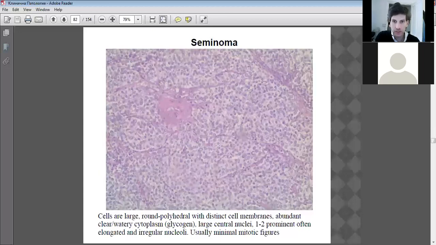Here's a clearer picture of the dividing cells. Round nuclei. Cells tend to be roundish themselves. Some distinct cell membranes observed as well. You can see the cell membrane there. It's quite good.